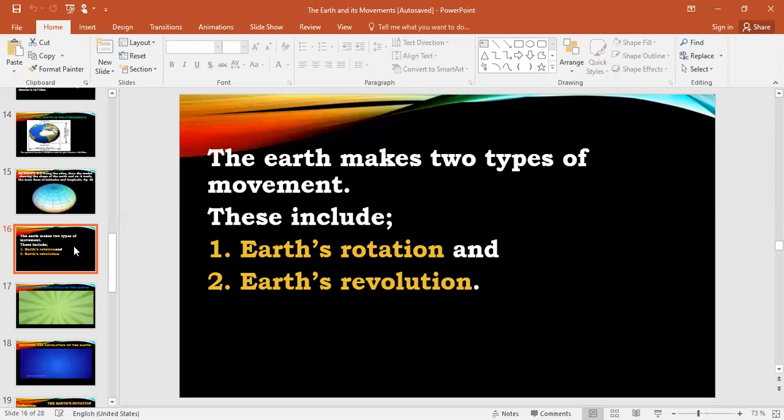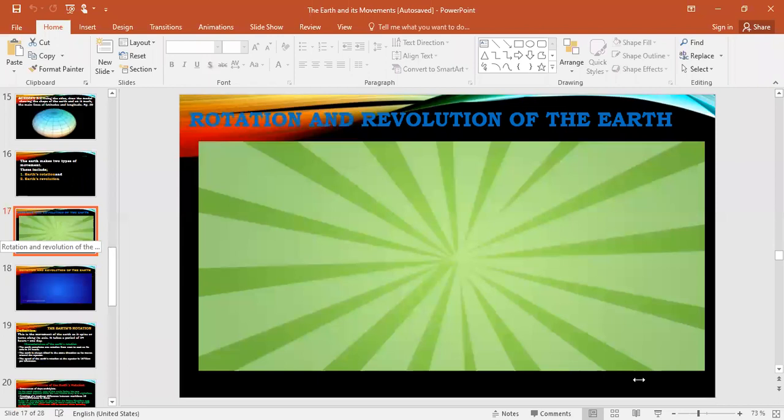The second movement is the Earth's revolution. Remember, as we are moving, we are making our own notes. Can we now listen to this one here? It is another interesting point.